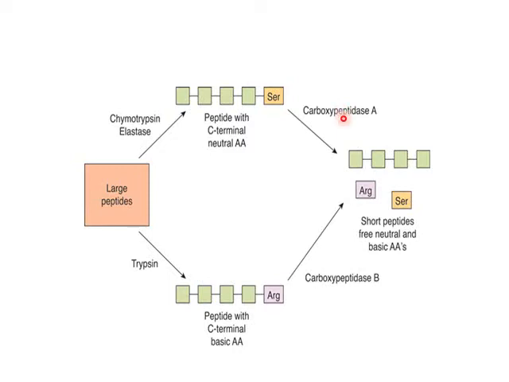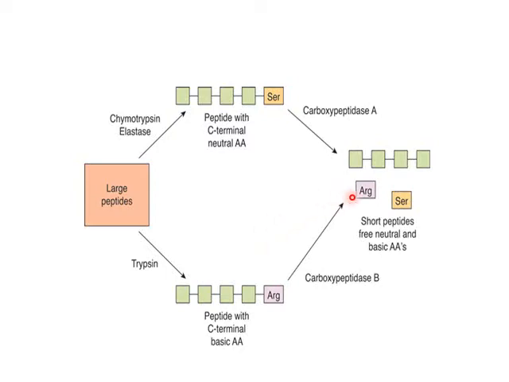Carboxypeptidases of pancreas are exopeptidases which hydrolyze amino acids at carboxyl as well as amino ends of the polypeptide molecules.